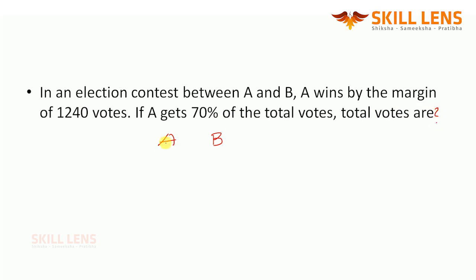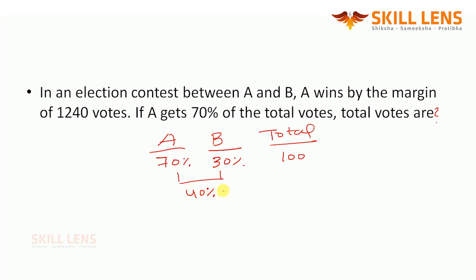Very simple. A got how much percent? 70. When A got 70, B obviously will get 30. Why? The total is 100. When A is 70, B is 30, the margin is what?